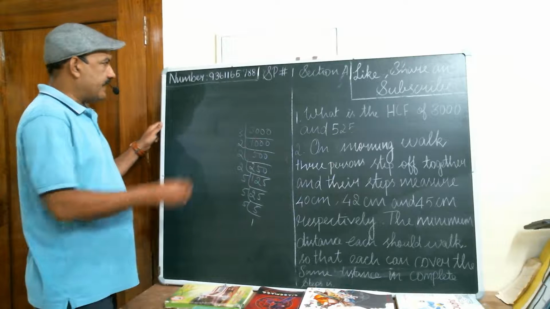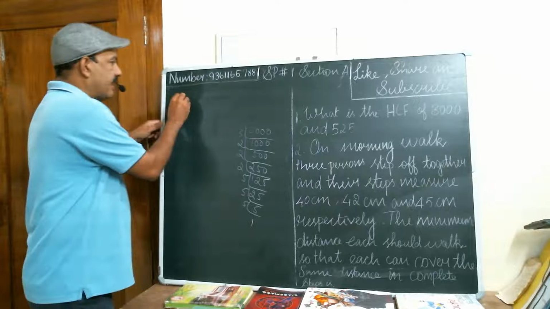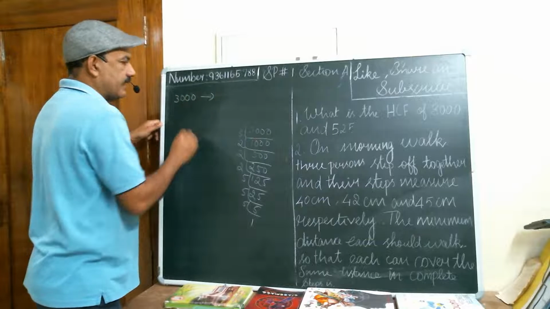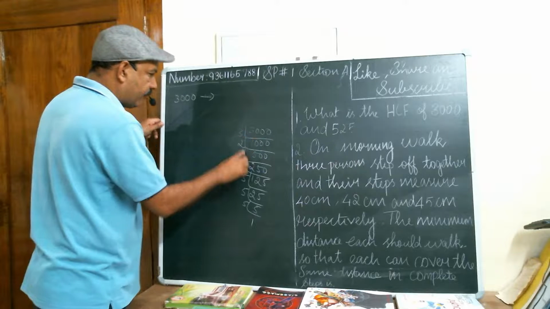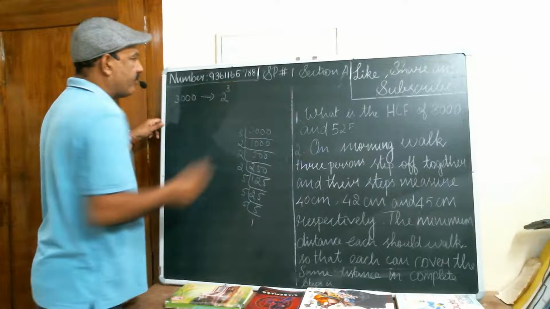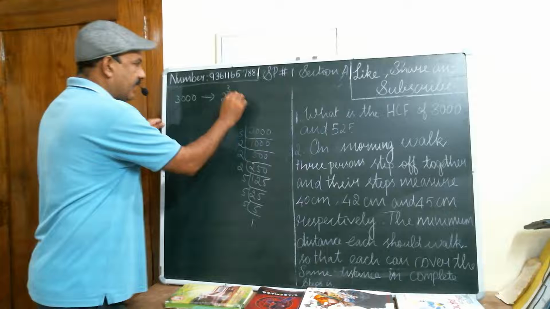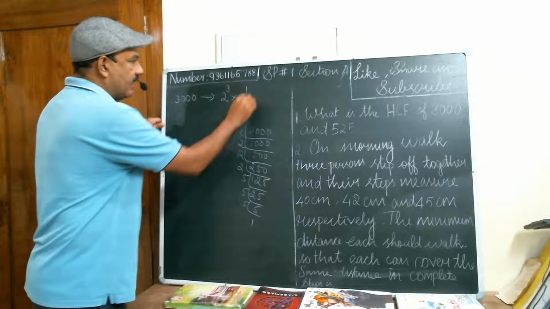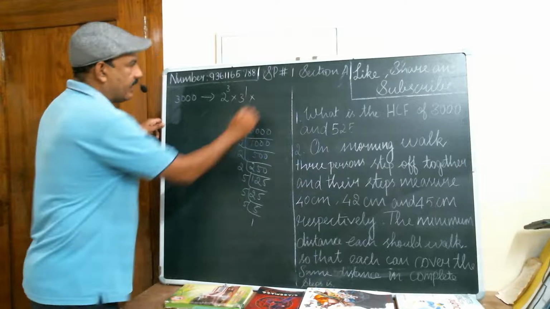So I'm going to write the first number 3000 as, how many 2's are there? 1, 2, 3. So it is 2 power 3, into, how many 3's are there? 1, 3. And how many 5's are there? 3 5's.